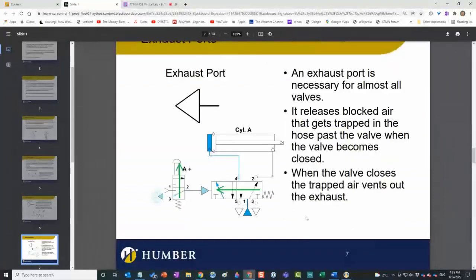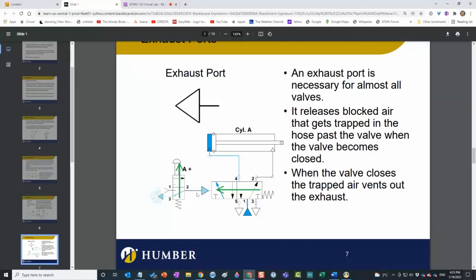Here we go in an application, and this is where we're going to see these exhaust ports in action and see that they're important. Now, over here, I know that the normal state of this valve is this particular configuration. That's its normal state, okay? Now, what I'm going to do is release this button. I'm going to push this button up.